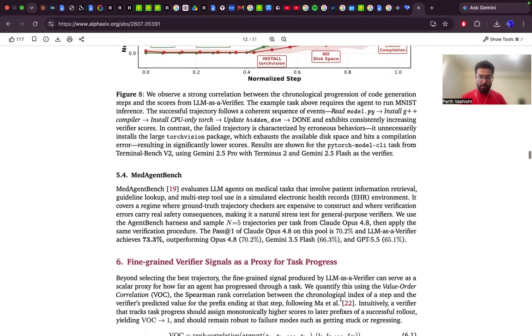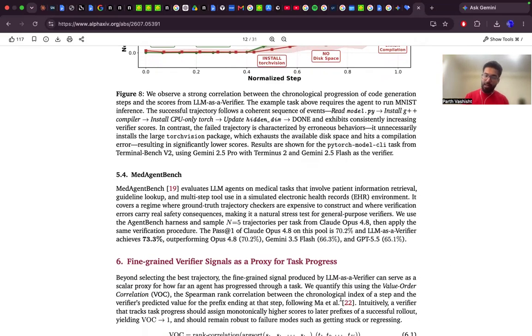Okay, so we have MedAgentBench, where LLM agents work on medical tasks that involve patient information retrieval, guideline lookup, and multi-step tool use in simulated health records environments. Oh, okay, interesting. It covers a regime where ground-truth trajectory checkers are expensive to construct and where verification errors carry real safety consequences, making it a natural stress test for general-purpose verifiers.